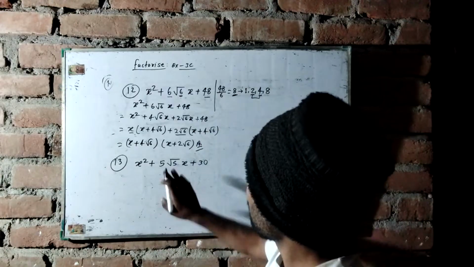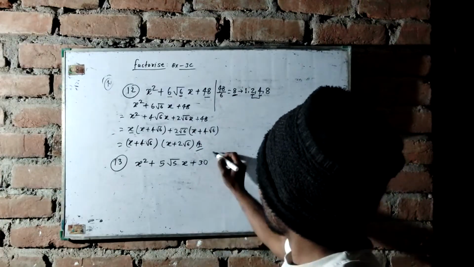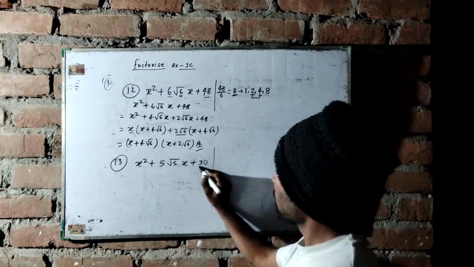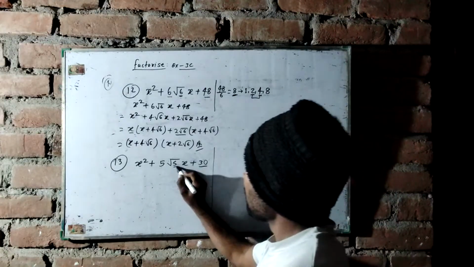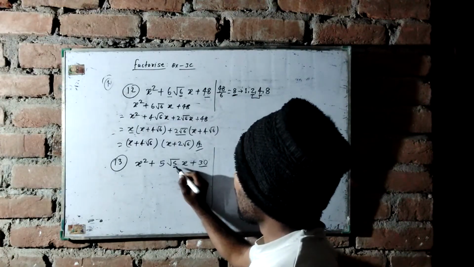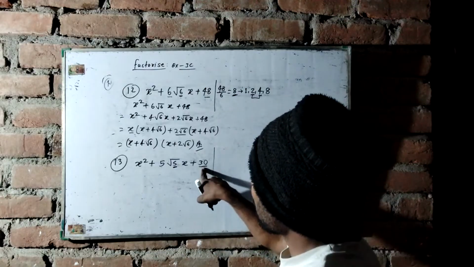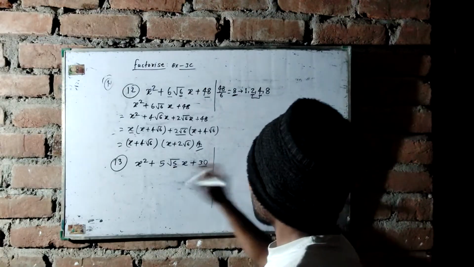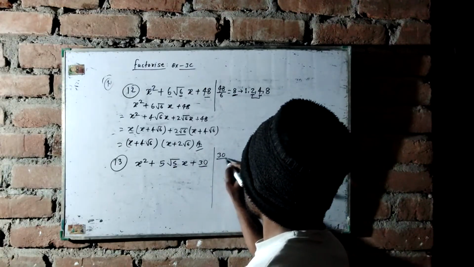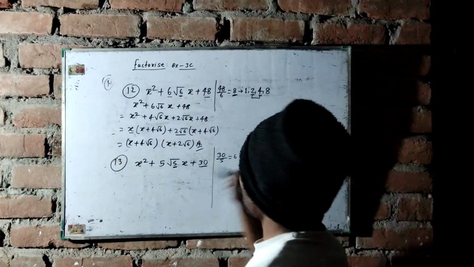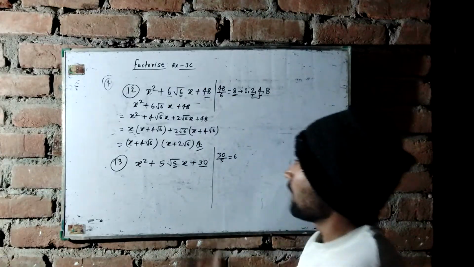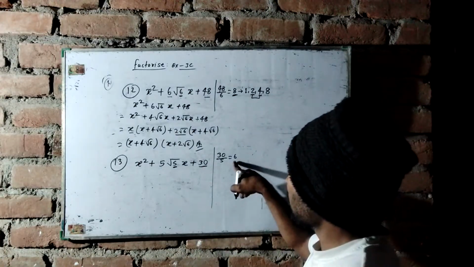To solve this polynomial easily, we have to divide this constant number by this number. After dividing, we get 6 as a quotient. Now we have to write all factors of 6.